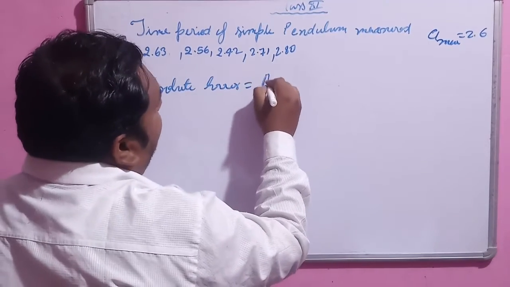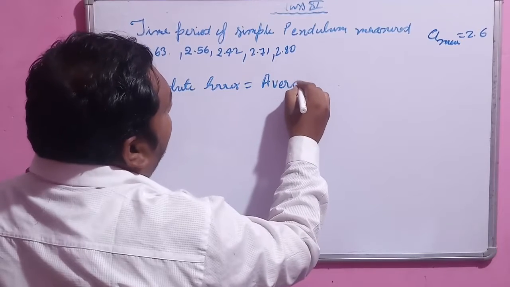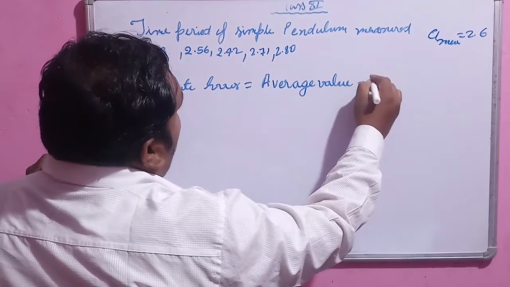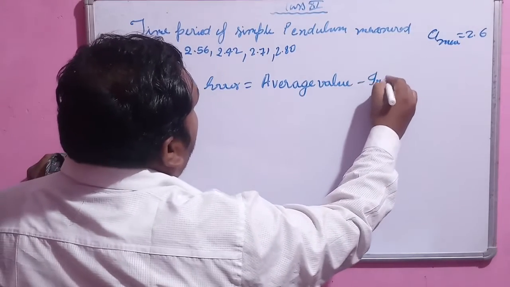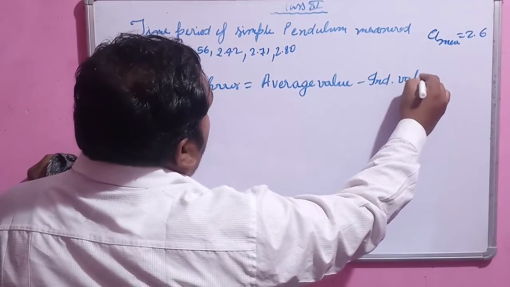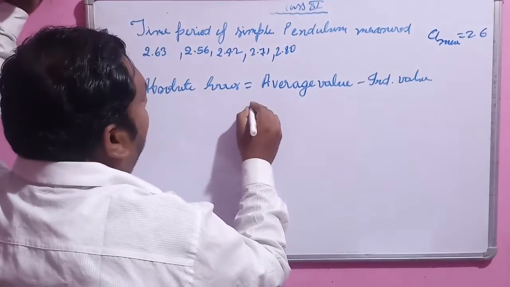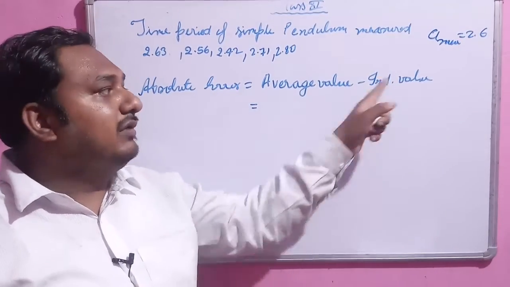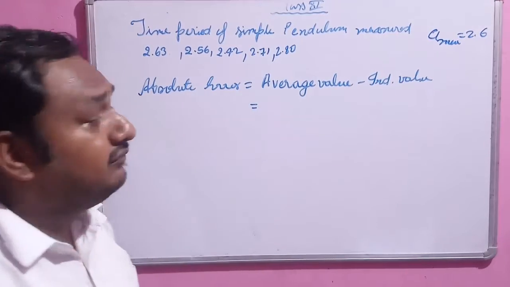true value, or more precisely it is good to say average value, minus individual value. It is defined as the difference of the average value minus the individual or measured value.